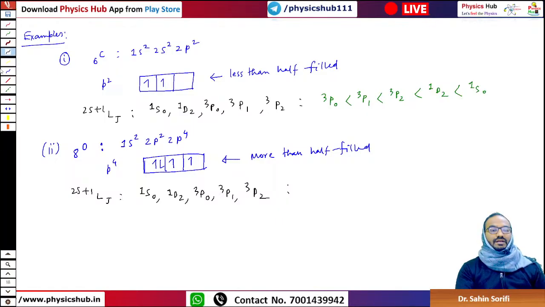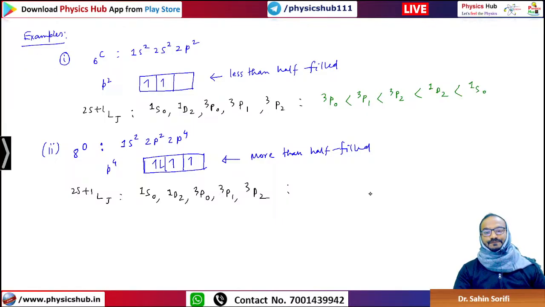Now if I write it as per Hund's rule, because it is more than half filled, how will it change? What will be the first term? We have 3P0, 3P1, 3P2. More than half filled means inverted order. Highest J will lie lowest.